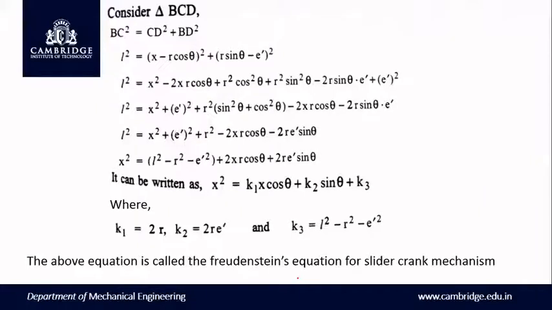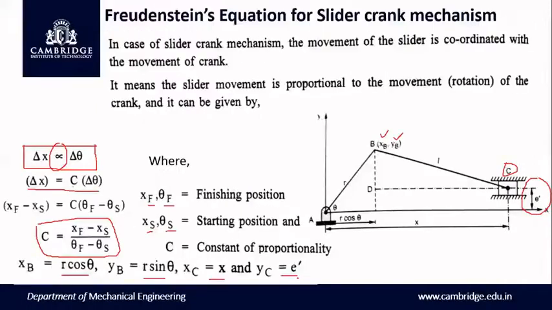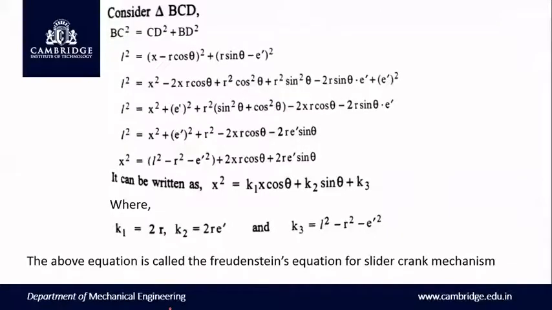Now consider the triangle BDC. We have a right angle triangle here, that is B, D and C. Let us apply the Pythagoras theorem: the hypotenuse square is equal to the sum of the squares of the remaining sides, that is BC square is equal to CD square plus BD square.